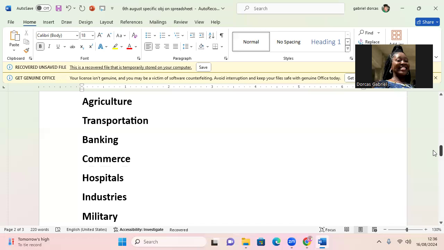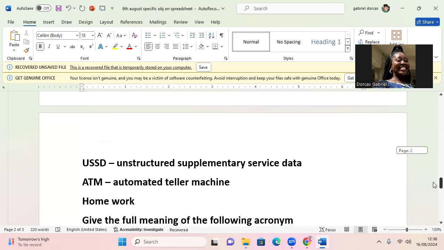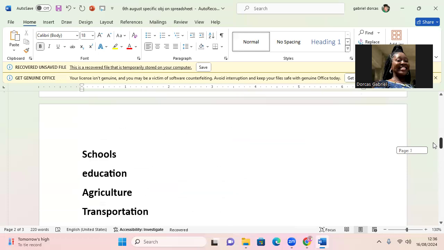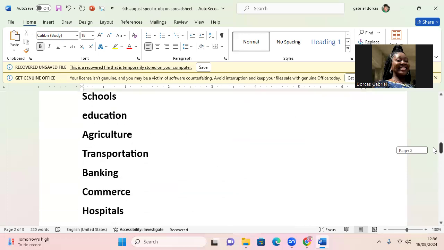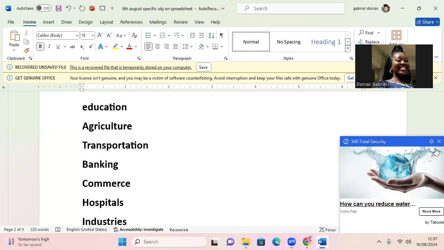In banking, in transportation, in banking, now we have USSD code. The full meaning of USSD is unstructured supplementary service data. So you can use the USSD code to run your transaction, transfer money, get data, buy your airtime, and all that without you having to go to the bank.